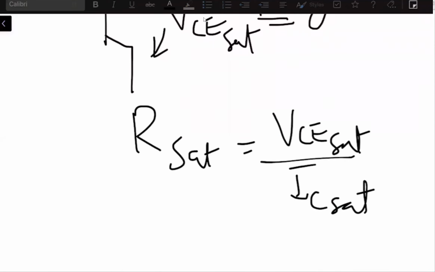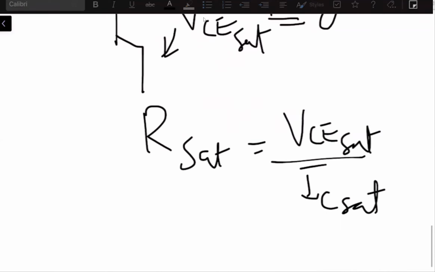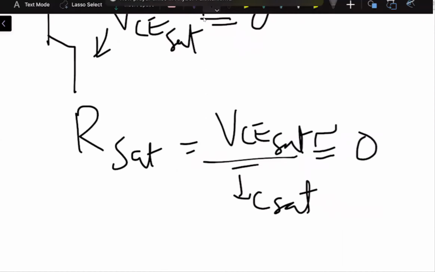VCE sat is very close to 0, so whatever the value of IC sat, the resistance is approximately equal to 0, right? Due to that very reason, the transistor at saturation behaves very close to a short circuit switch because the resistance is 0.